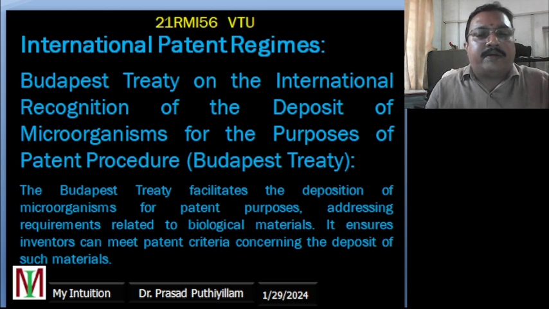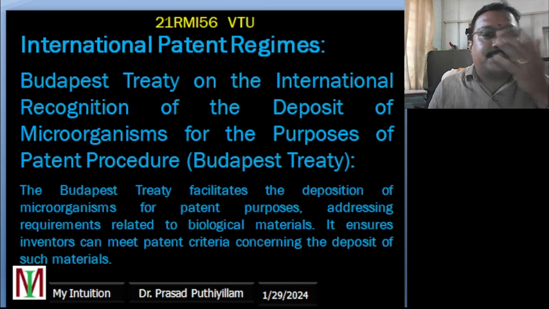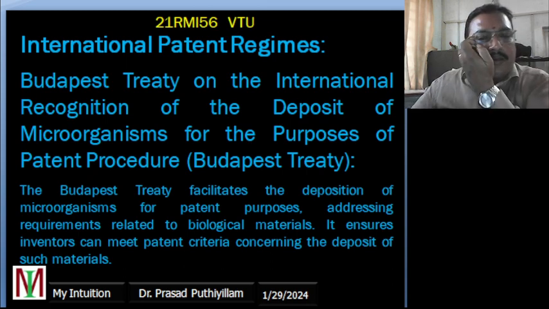When they are working on microorganisms, they are making a new microorganism which is used for some medicinal purpose or the like. Once they prepare or develop such a microorganism by changing the DNA or by some other possible mechanism, they need to deposit it.